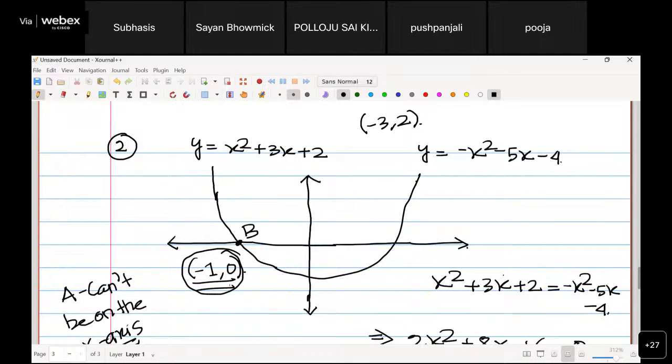Okay, so minus 3 comma 2, nine plus 9, correct. So minus 3 comma 2 is basically in your second quadrant, right? Yes.